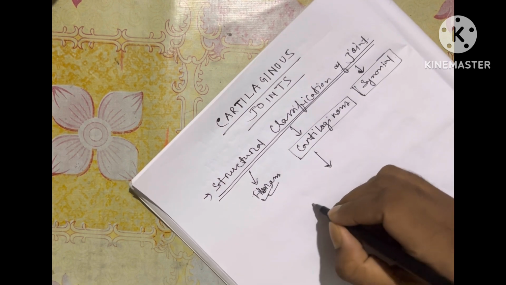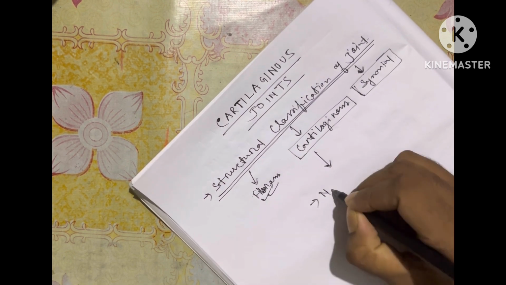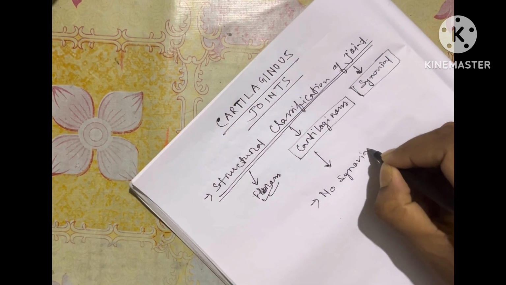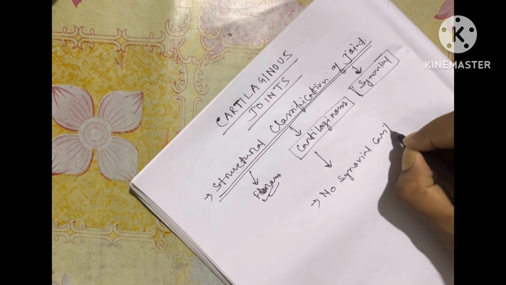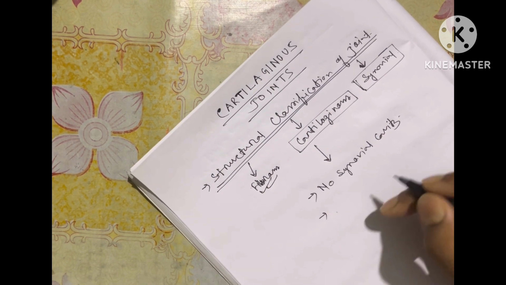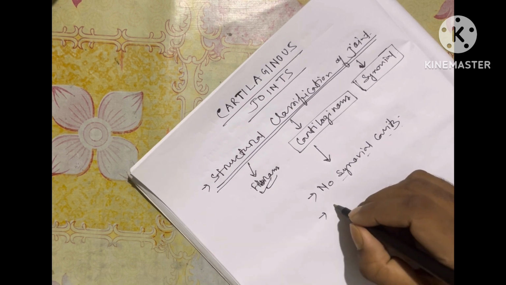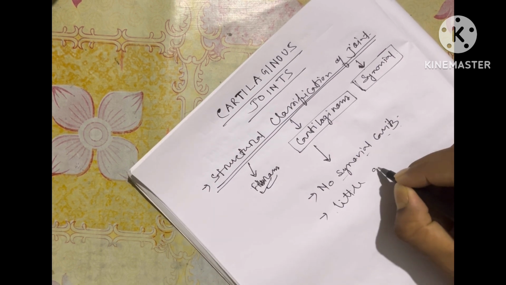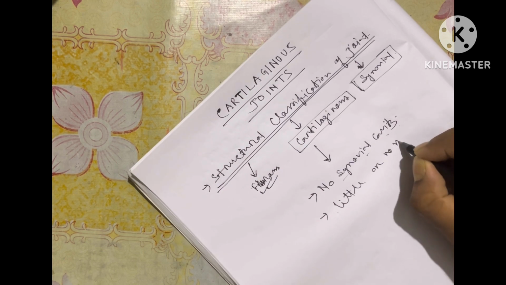So what are the cartilaginous joints? Cartilaginous joints are a kind of joints which have no synovial cavity. There is a lack of synovial cavity, and they allow little or no movement.